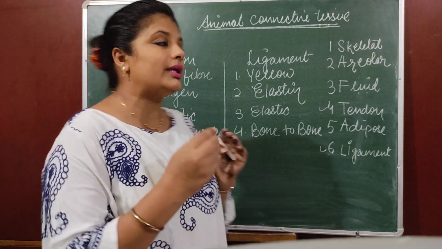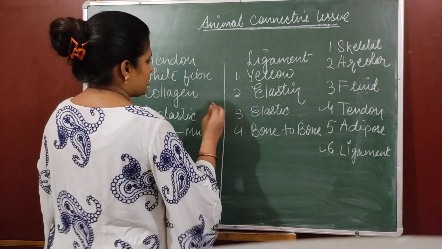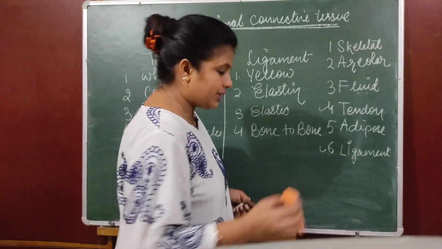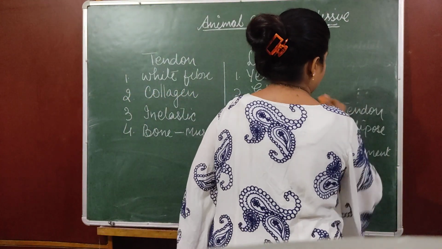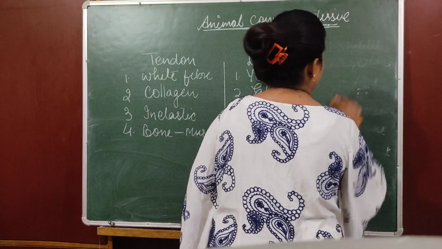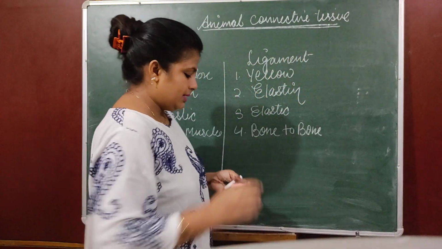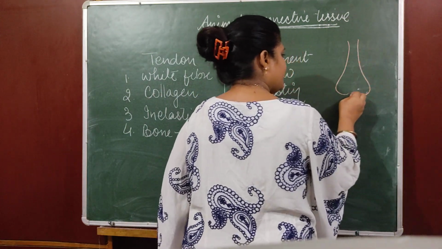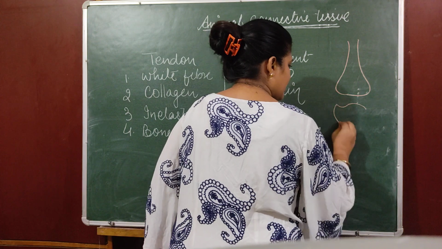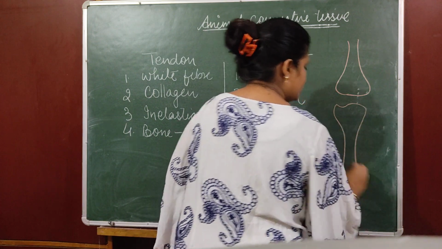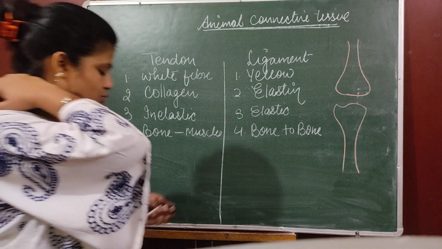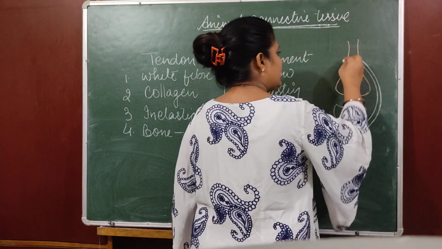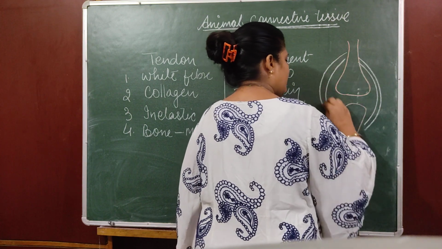First, understand how they are arranged. Suppose this is one bone, and this is another bone. Okay, there are two bones, and these two bones are connected with the help of a tissue, and this tissue is known as ligament.